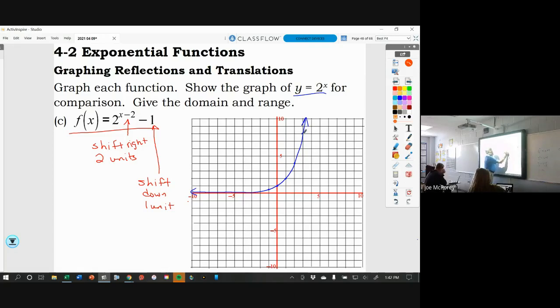So this point at 3, 8, 2 to the right, down 1. This point at 2, 4, 2 to the right, down 1. At 1, 2, 2 to the right, down 1. 0, 1, 2 to the right, down 1. -1, 1/2, 2 to the right, down 1.